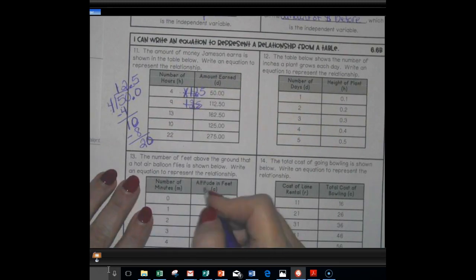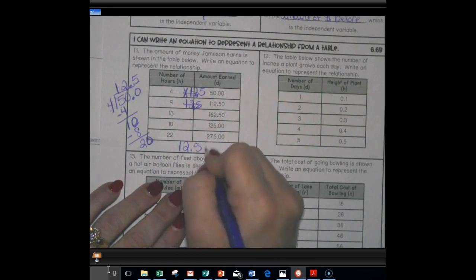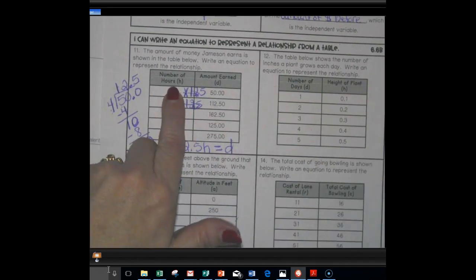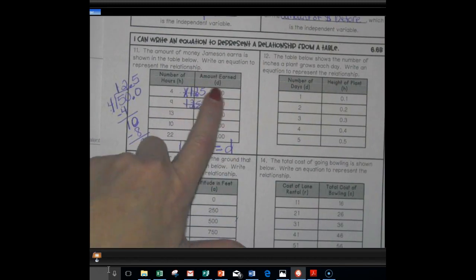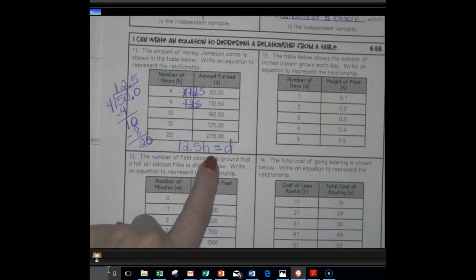Will 4 go into 20? 5 times. So I'm multiplying by 12 and 5/10. So 12 and 5/10 times H gives me D. I am multiplying the H by 12.5 to get the D. So 12 and 5/10 times H equals D.